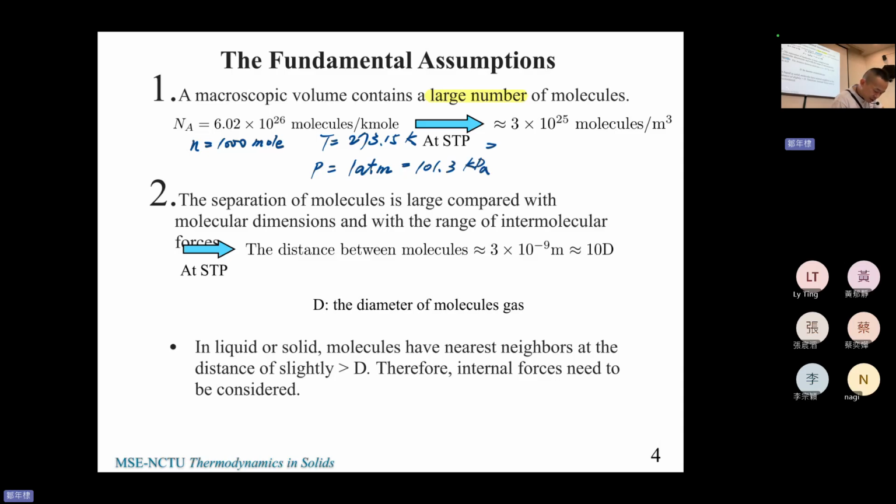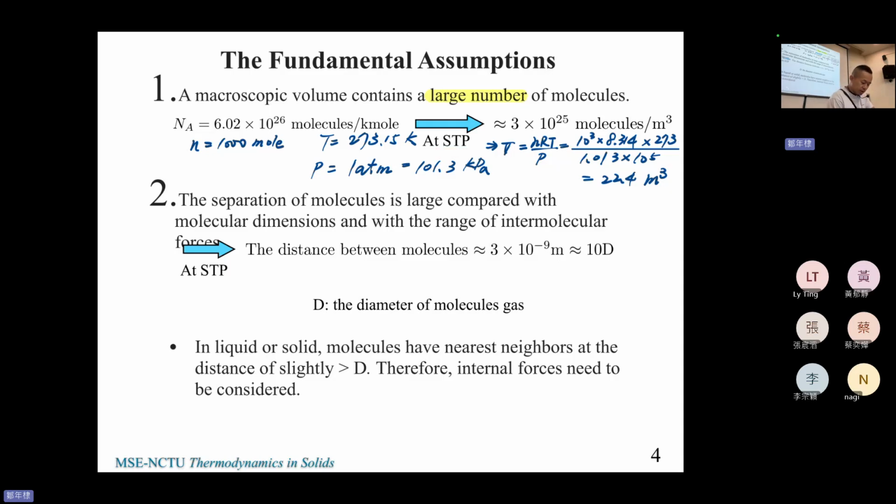If you have this, you can easily calculate V here, which is 8.314 times 273 over 1.013 times 10 to the 5, equal to 22.4 m³. This is a really important value, the STP value for volume. What is STP?